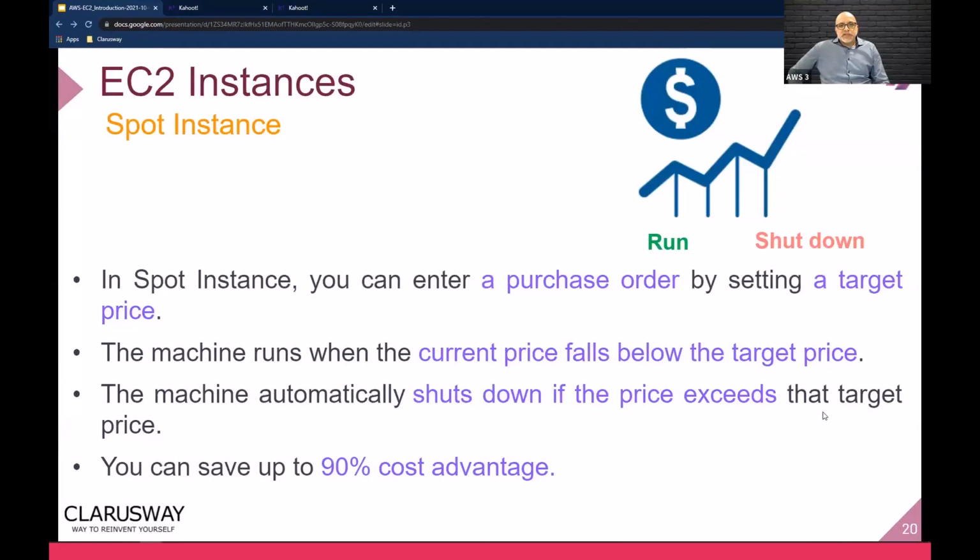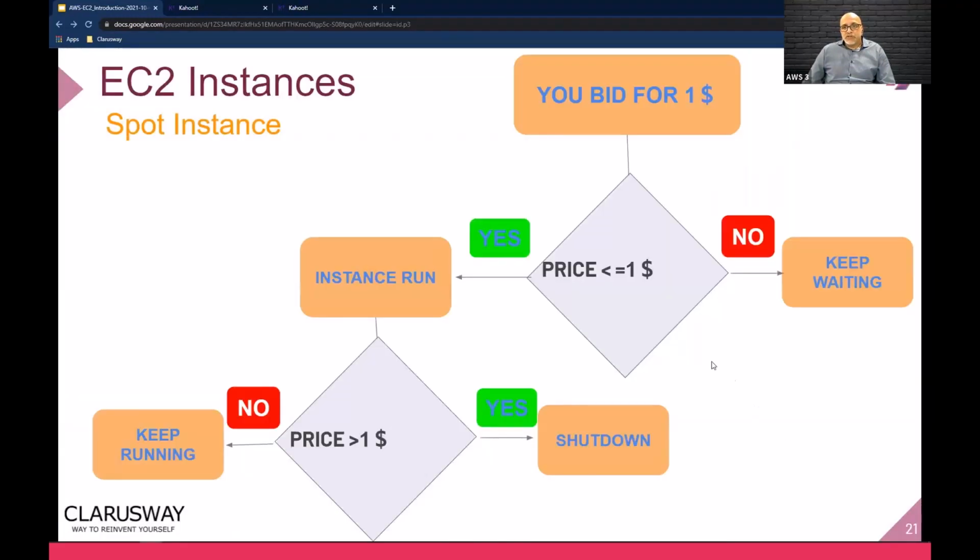Spot instances, you basically set a target price, and I'm going to go straight to this flow chart because this is the best way to understand it. So let's say you say I want to purchase an instance for $1 an hour.